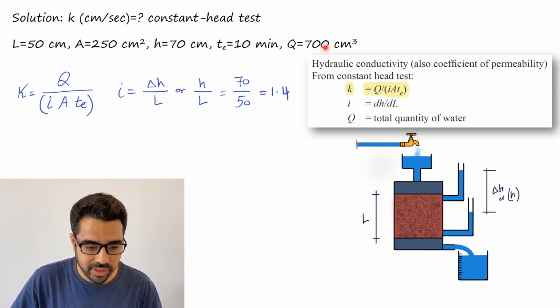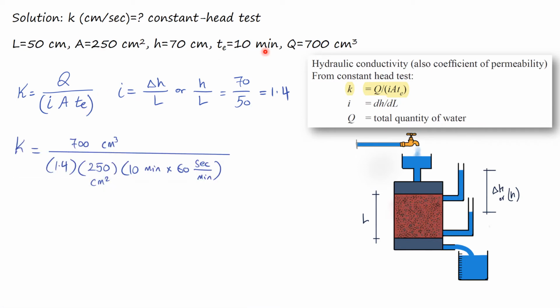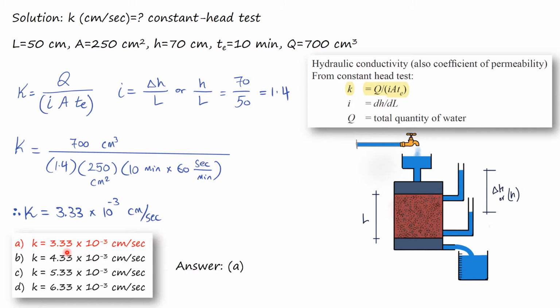Q is 700. I we just found, 1.4. A is given, 250, and T is 10 minutes. We just need to convert it, times 60 so that we can make it in seconds. That's going to give us 3.33 times 10 to the power minus 3 centimeter per second. We go to the options, it's option A.